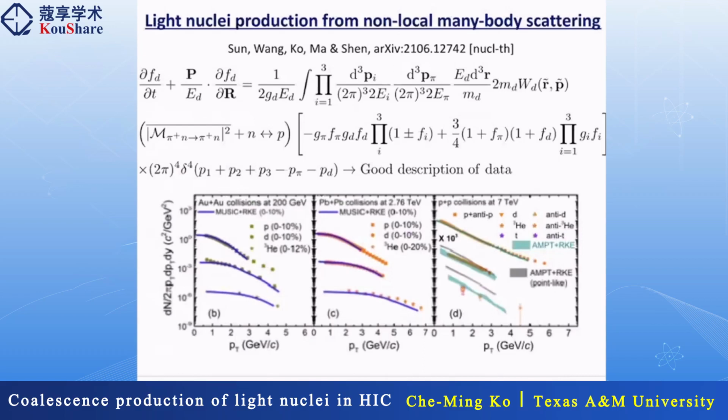This is called non-local many-body scattering, because in that one they include the deuteron wave function. Now they ask a question: in the transport approach, when a pion and two nucleons interact to form a deuteron and a pion, how do the two nucleons' wave functions overlap with the deuteron internal wave function? So they put in that additional factor.